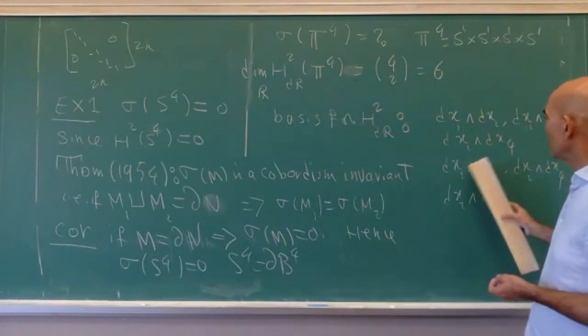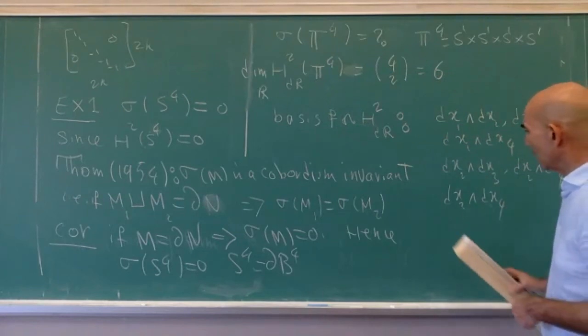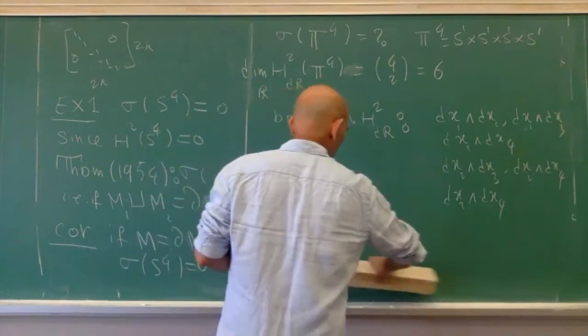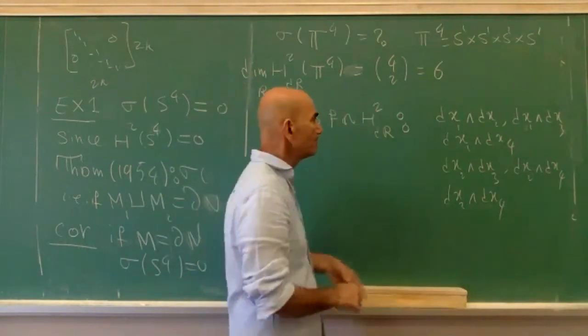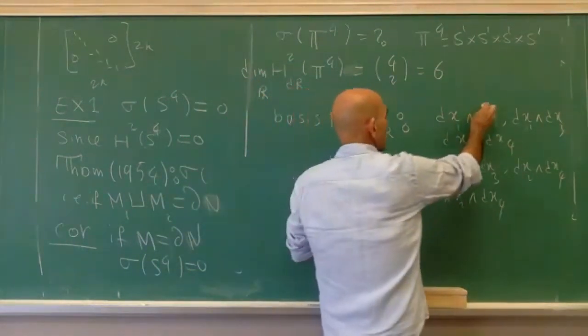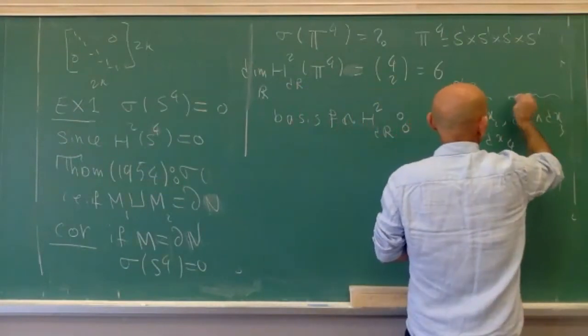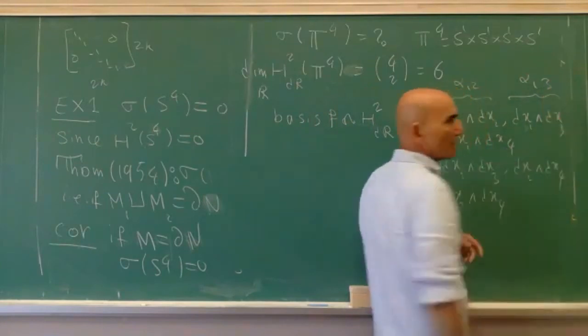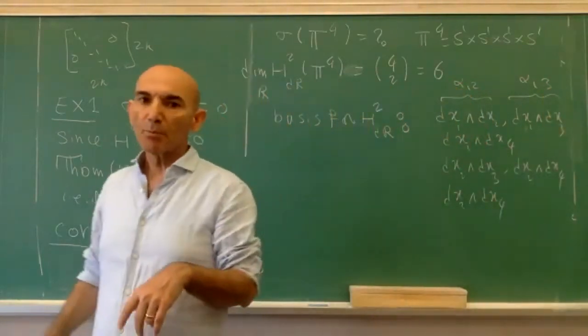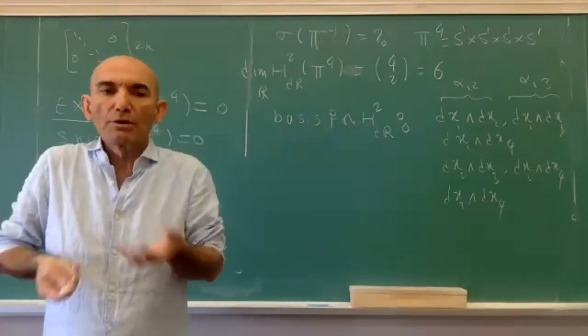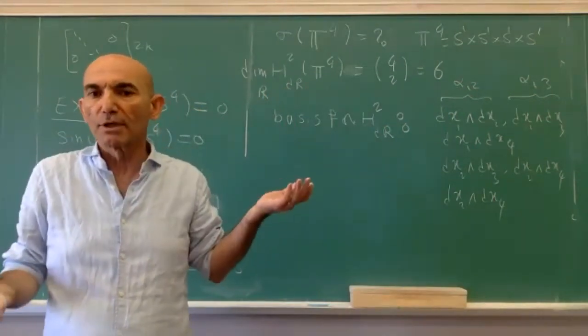Then what you can do, which is a little fun, is to just compute these. So let's call this, for example, alpha 1,2, call this alpha 1,3, etc. These two-forms, and compute the intersection number of these two-forms, because we have to know how this intersection pairing works on this thing.